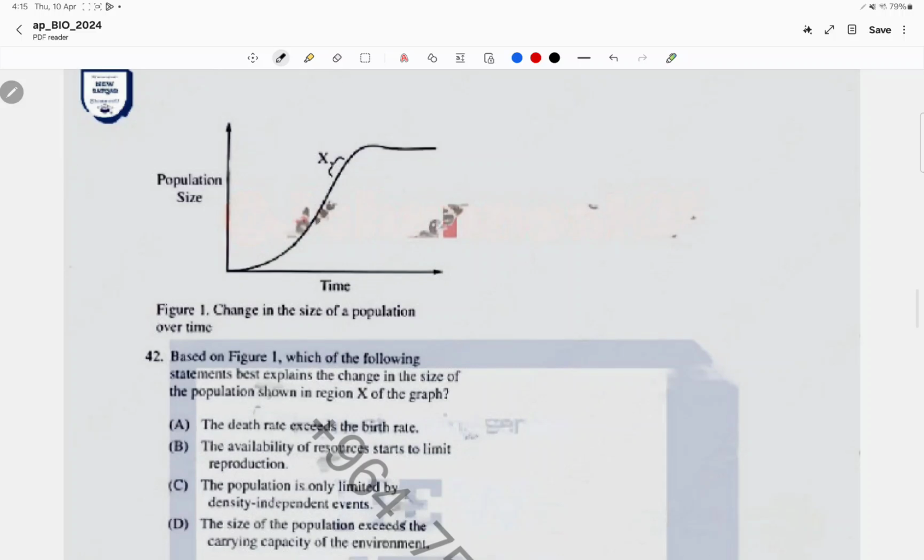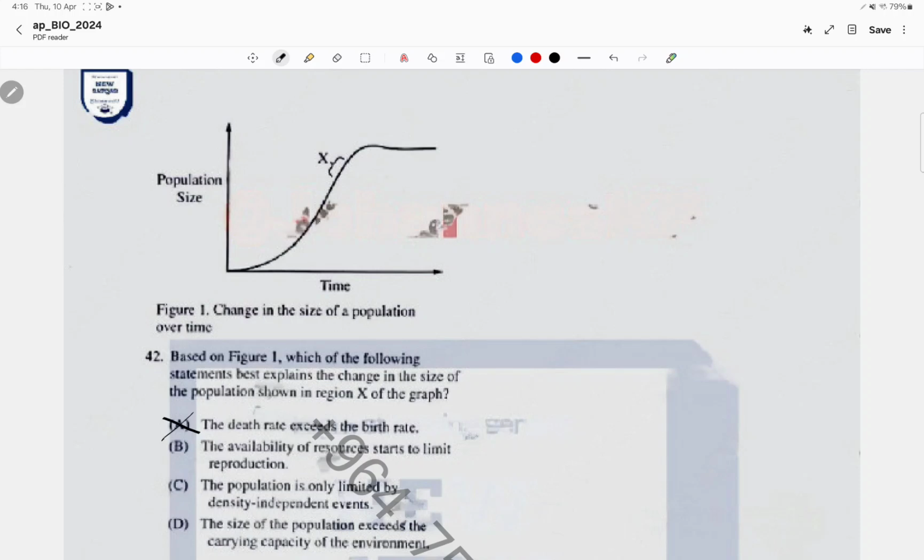42. Based on figure 1, which of the following statements best explains the change in the size of the population shown in region X? Well, is the death rate exceeding the birth rate at region X? Of course not. Relax.